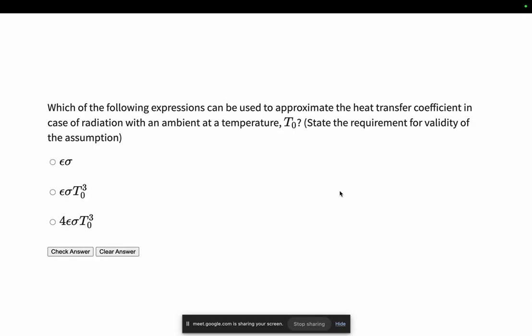This is again something that you might have already come across in lecture videos, just as a kind of test. If you have radiation and you want to approximate it using a heat transfer coefficient, what would be the heat transfer coefficient?